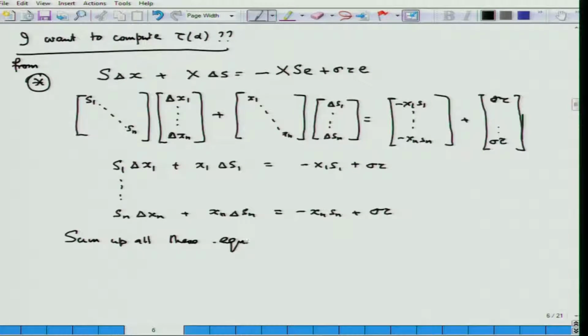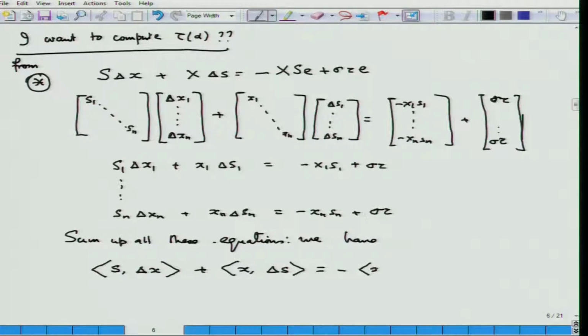So, if I sum up all these equations, we have the following, that is S of delta x, x is a vector S1 S2 Sn, plus X of delta S is minus x s plus, now you add, there will be sigma n tau, and n tau is again x s, so you will get sigma x s, that is what it is.